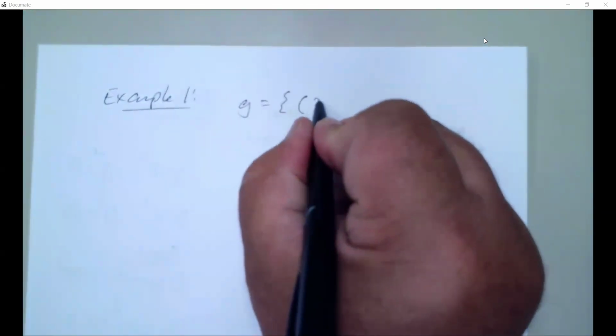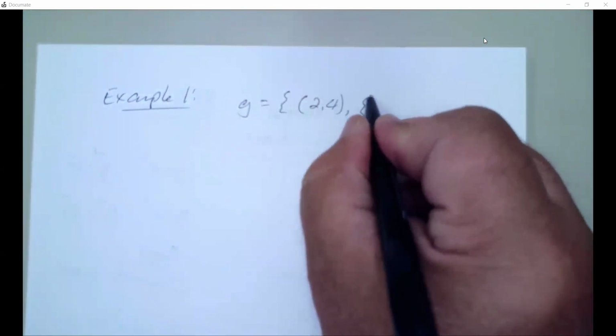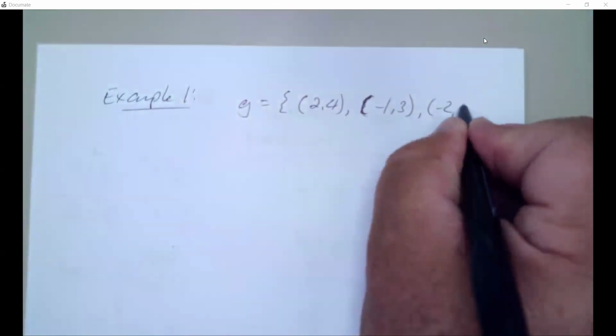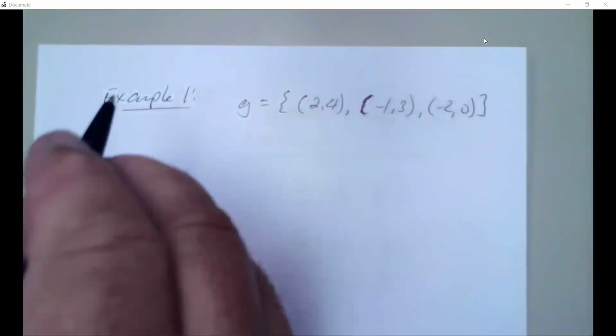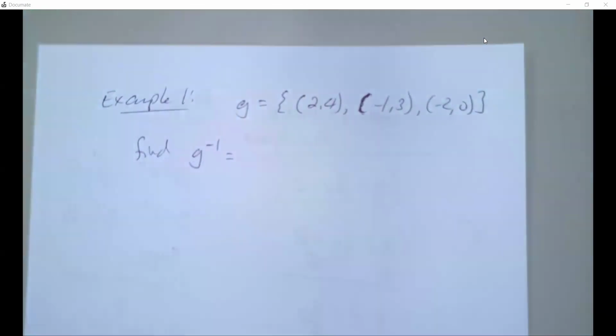What if I gave you points on a graph? If G is equal to this set of points, find the inverse set.